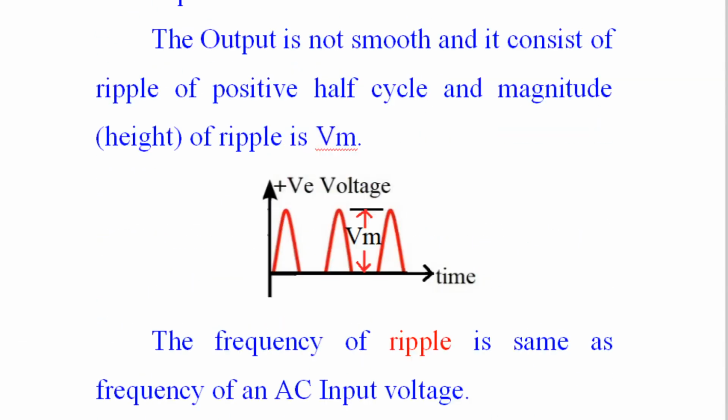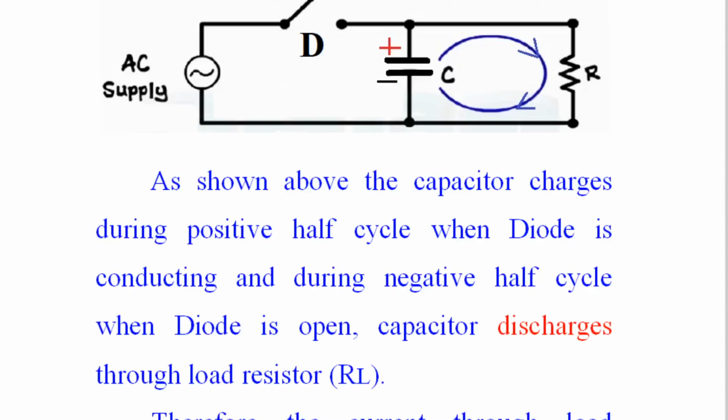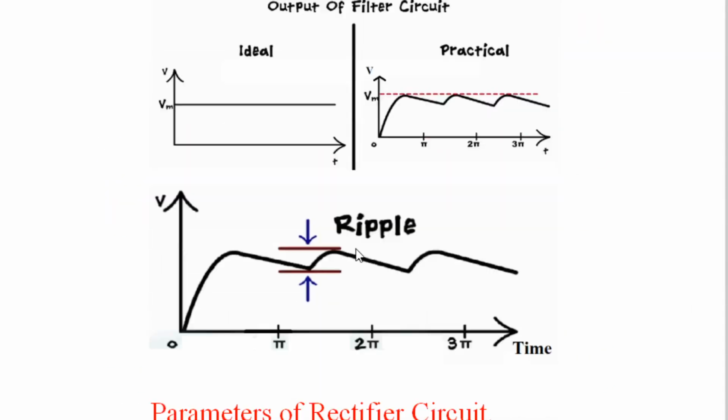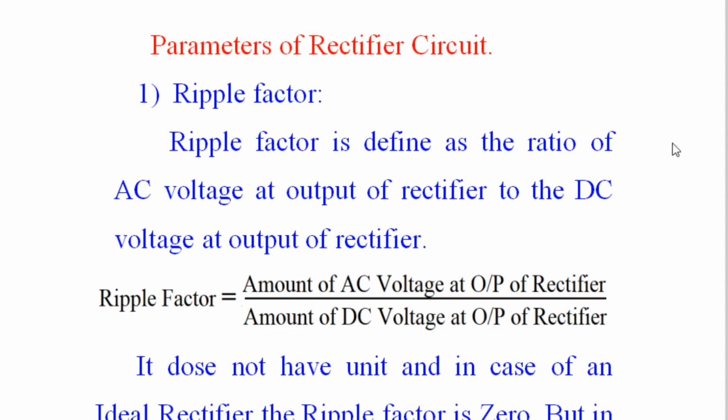Without the capacitor, the height of the ripple is Vm, this much, and with the capacitor the height of the ripple is very less. Now after understanding this, we conclude that the half wave rectifier converts AC voltage into DC voltage, and the ripple of the DC voltage will be very less if you connect the capacitor, meaning a half wave rectifier with a capacitor as a filter.